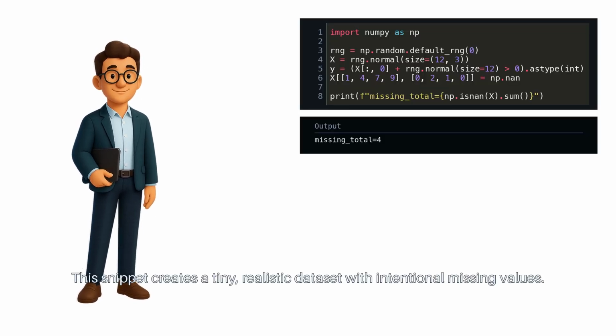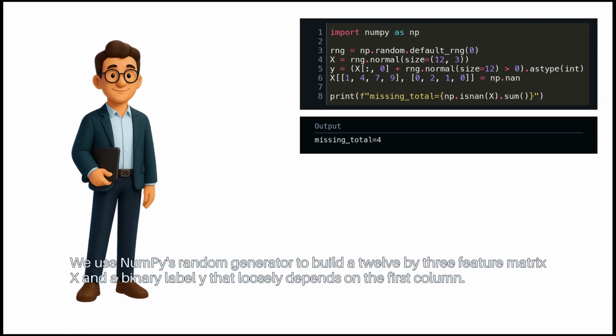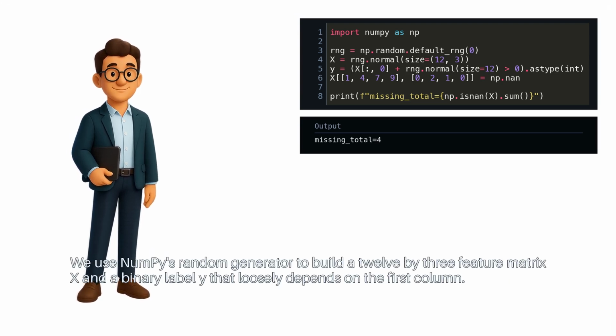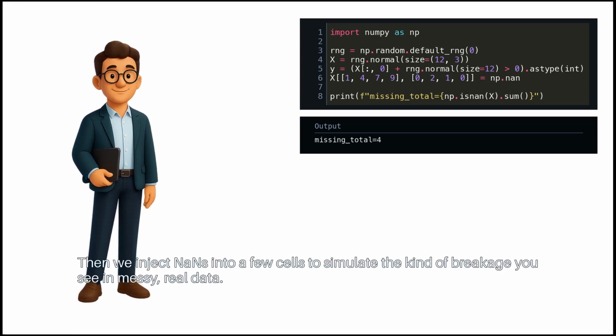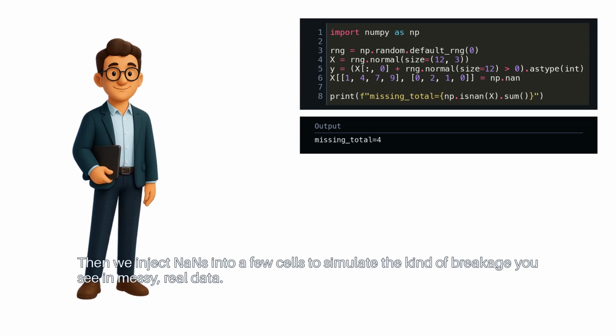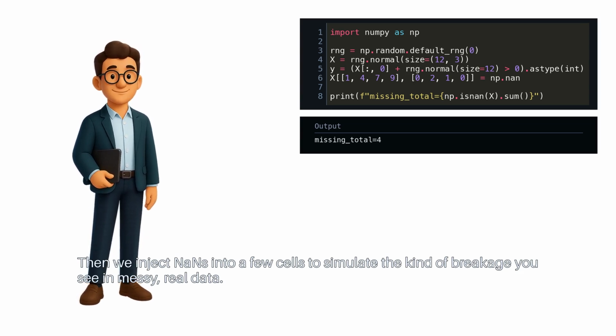This snippet creates a tiny, realistic dataset with intentional missing values. We use NumPy's random generator to build a 12x3 feature matrix X and a binary label Y that loosely depends on the first column. Then we inject NaNs into a few cells to simulate the kind of breakage you see in messy, real data.